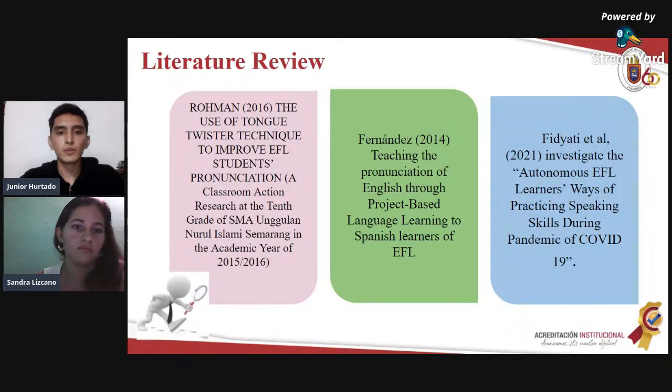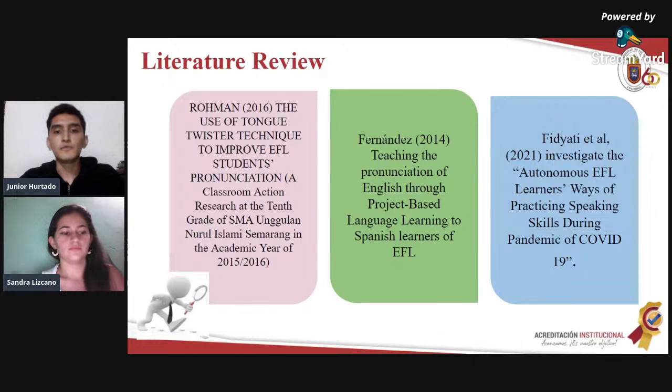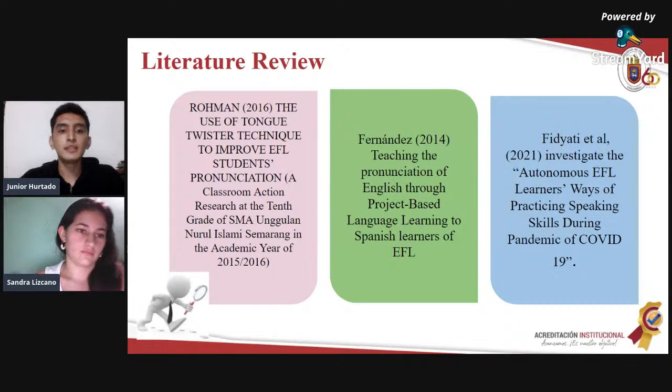On the other hand, we continue with the study of Fidelity 2021, which investigated autonomous ELL learners while they practiced speaking skills during the COVID-19 pandemic. This study was developed in Indonesia, and it found that many strategies are implemented, including singing as the favorite technique, and using a mirror to practice speaking. However, it was noticed that only a few of the participants focused on fluency, but not on grammar.